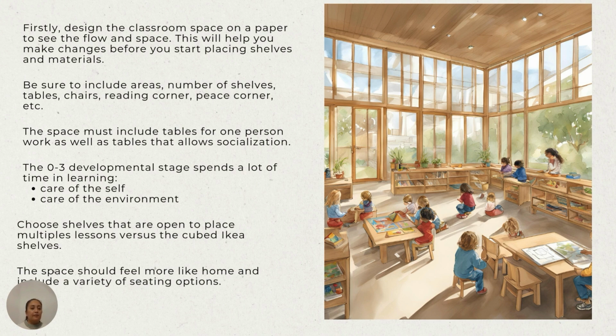These are things that would help children learn how to be a part of this world. I would highly, highly recommend not to have those cubed IKEA shelves in the classroom or in your home space, but have a simple two-tier bookcase that is at child's height where they can easily access the materials.